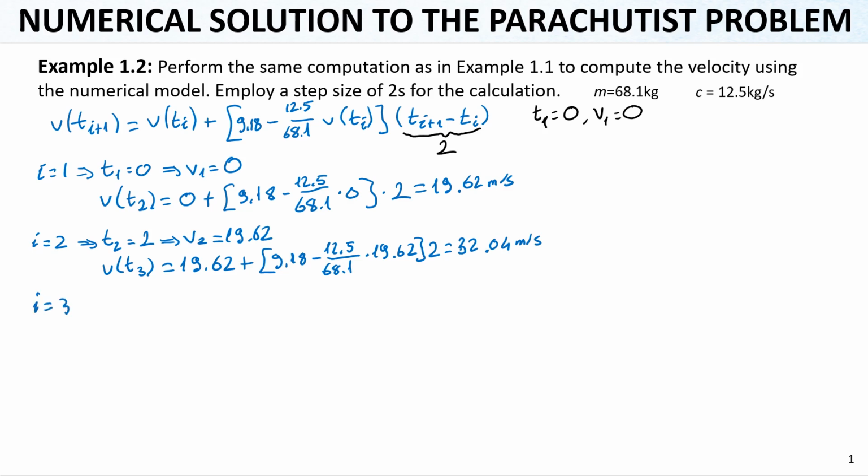So if we continue, I will quickly complete them all.